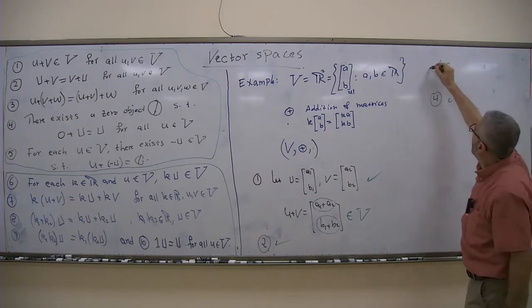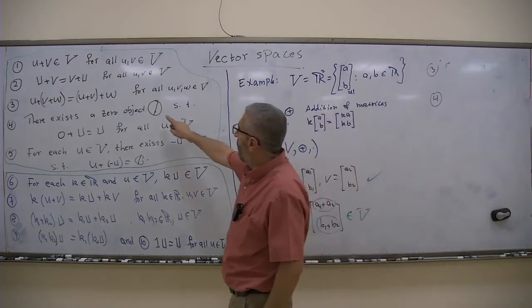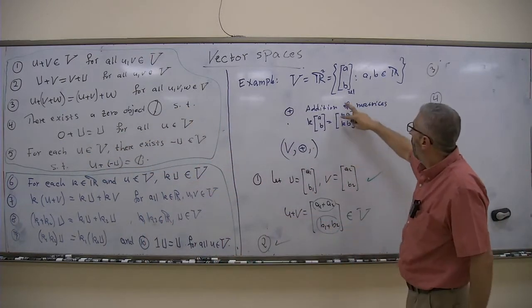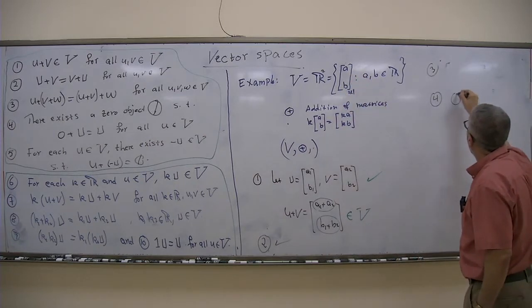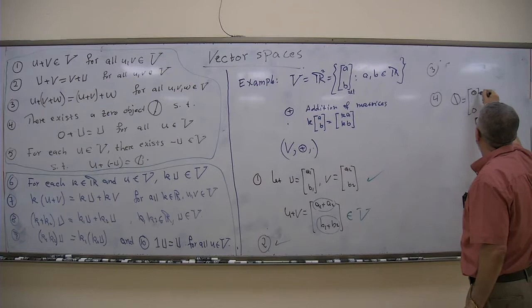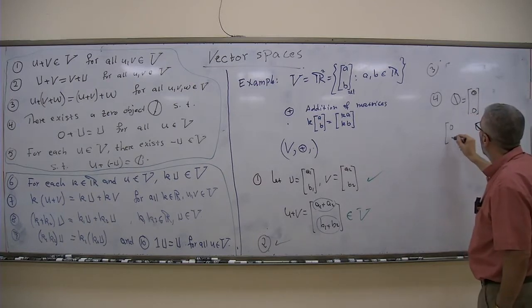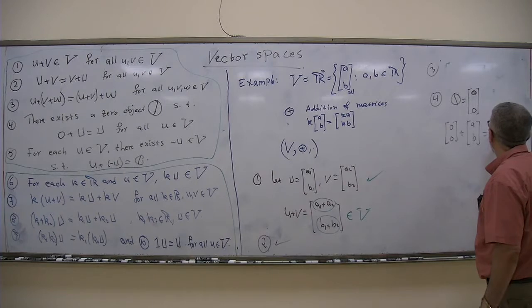Number 4, what about the zero object here? Well, we want something that when we add it to (a, b), we get (a, b). So the zero object here is the zero matrix or the zero column matrix, because this plus (a, b) will give you (a, b).